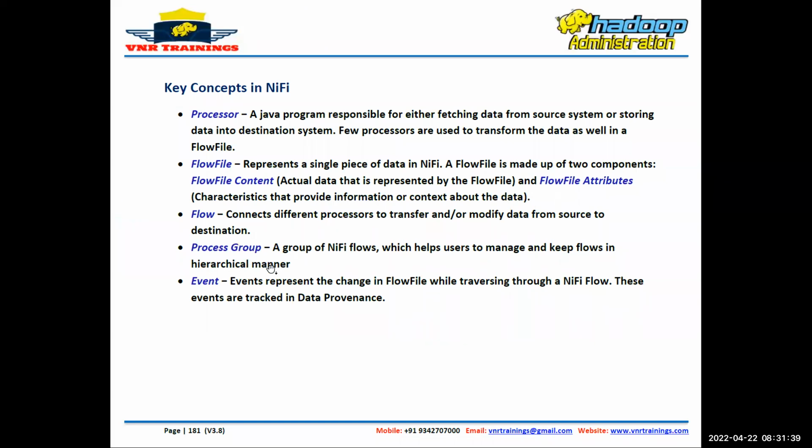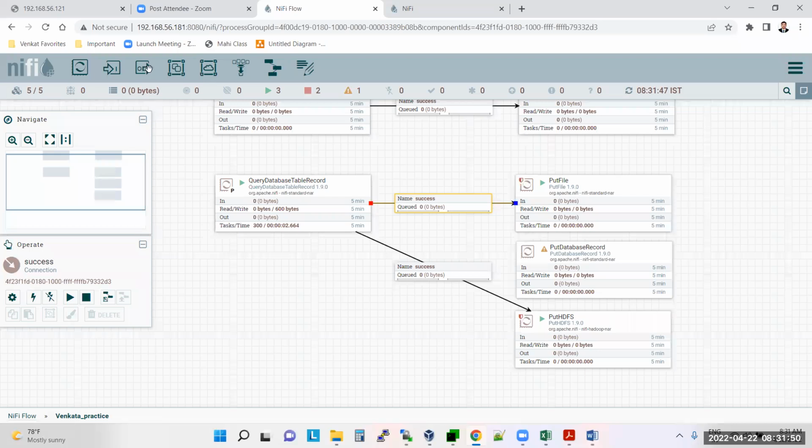And process group. What is a process group? A group of NIFI flows which helps the user to manage and keep flows in a hierarchical manner. Every user will create their own process group, and inside that they will create flows, or every project will have one process group.